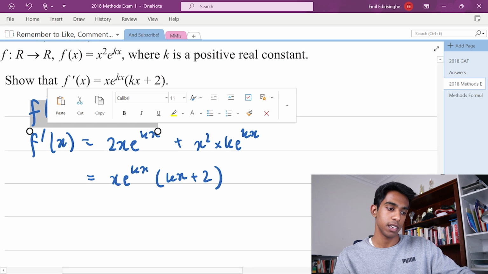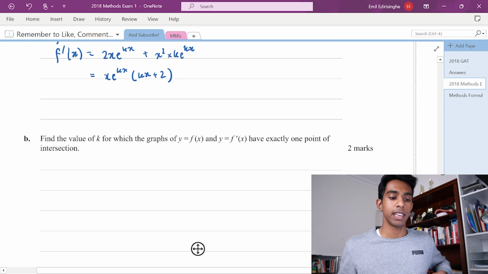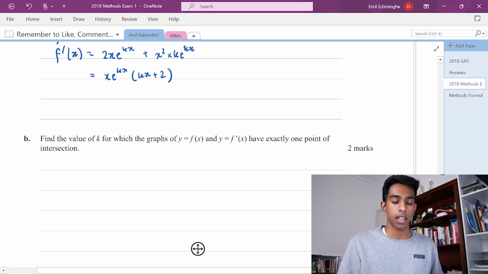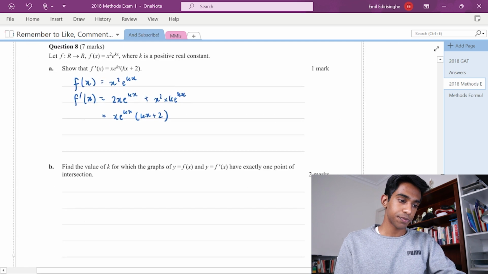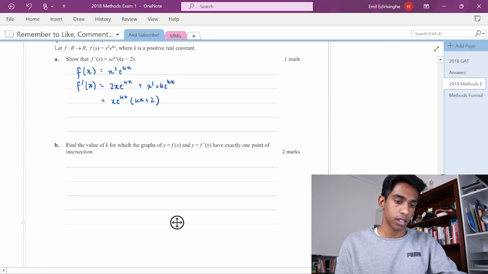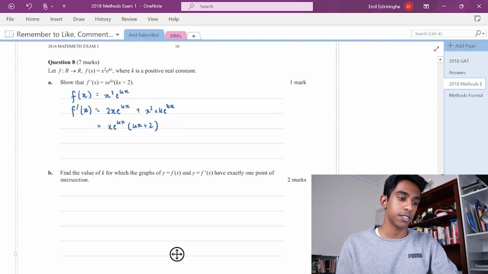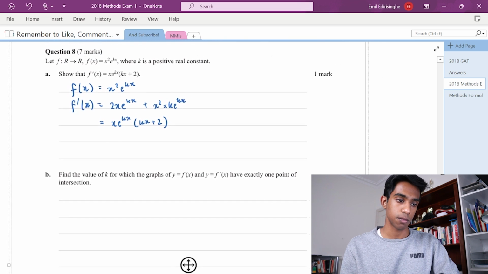Next thing they ask for is the value of k for which the graphs of y equals f of x and y equals f dash of x have exactly 1 point of intersection. So what I do here is, I'd look at each of these equations and I'd make them equal to each other to find the intersection points.